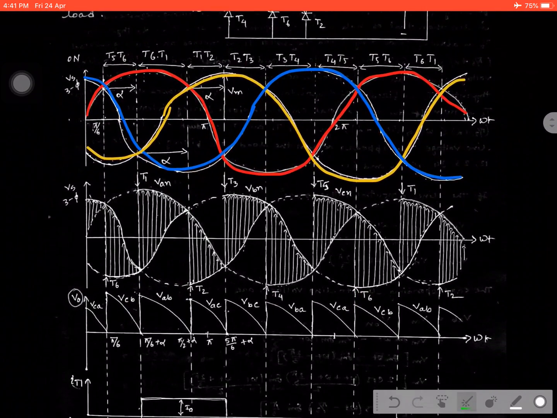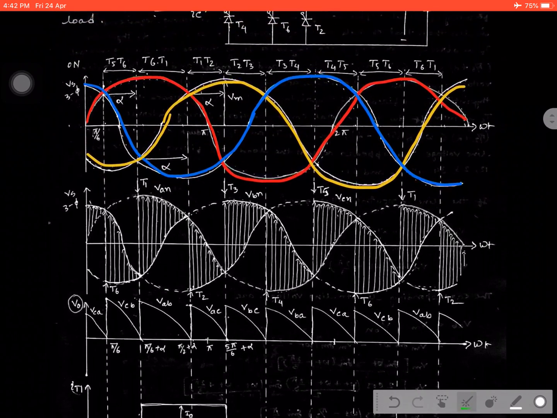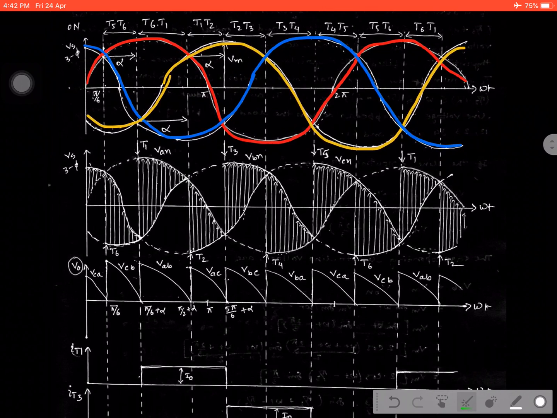And waveforms. So this is the supply waveform, and next we are going to draw another one. First VO, the output voltage, which will be taken from the supply voltage, and this is the waveform for the supply voltage.